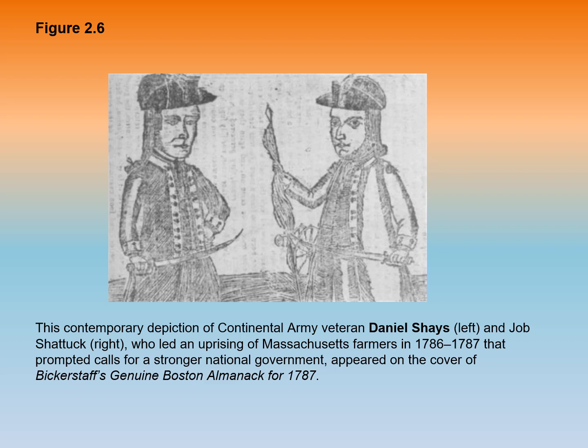Moreover, the farmers were unable to meet the new tax burdens Massachusetts had imposed in order to pay its own debts from the Revolution. So what you see here is a picture that depicts Daniel Shays, who was a heavily indebted farmer, and he led a march to the local courthouse demanding some relief.